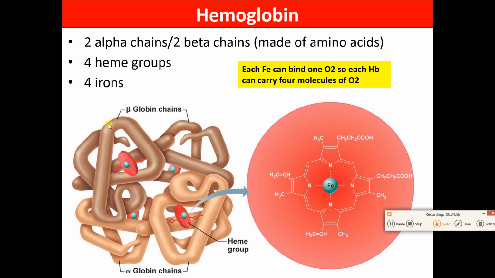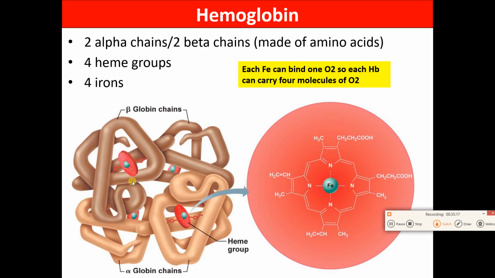The hemoglobin protein is made of 2 alpha chains and 2 beta chains, which are made of amino acids. This darker brown ribbon is a beta chain. Another one over here. I've got an alpha chain down here, another alpha chain over here.